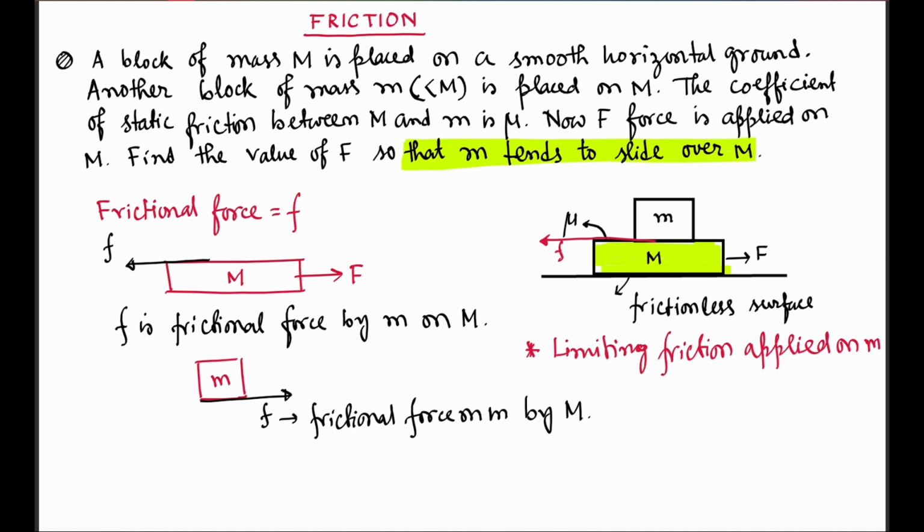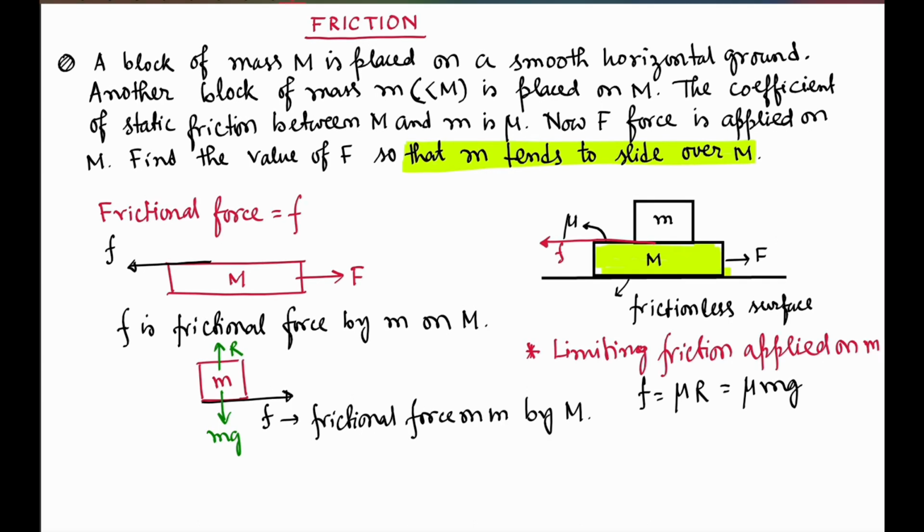Here, if you consider the free body diagram, mg is the force applied and R is the reaction force. Then frictional force f is equal to mu into R. This is mu into mg. As small block tends to move over larger block, therefore it experiences a balancing force. That force is provided by the pseudo force.